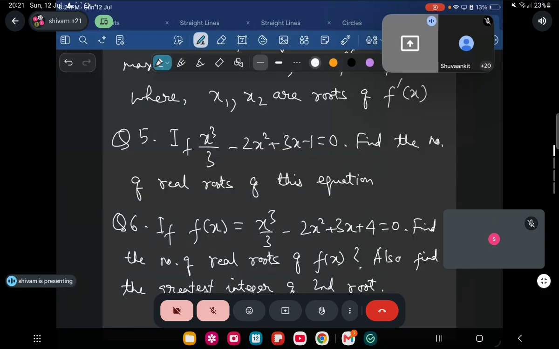Okay. Let me see. Number 5. Did I send 6? Check it again. I'm checking. Let me see. Some people have sent the answer. Okay. Yes, Soham, first one is correct. Anvesha, first one is correct.